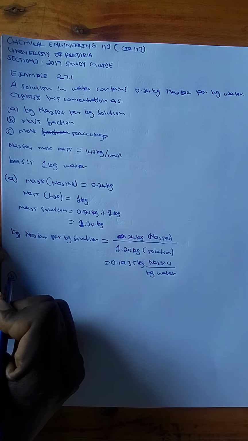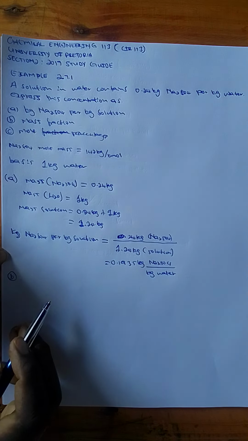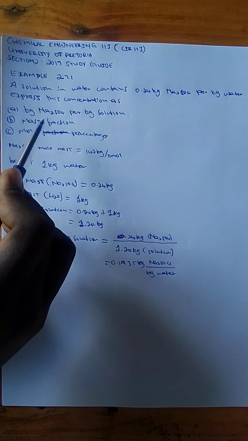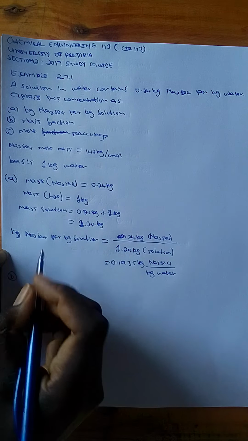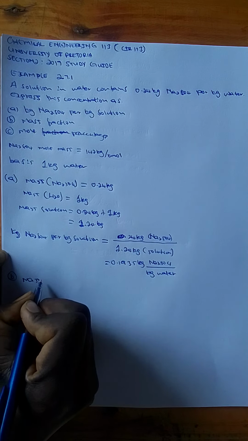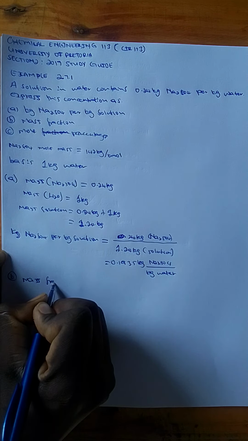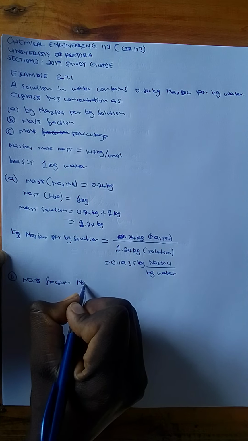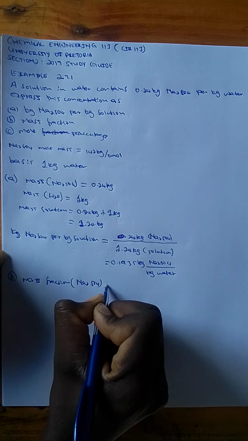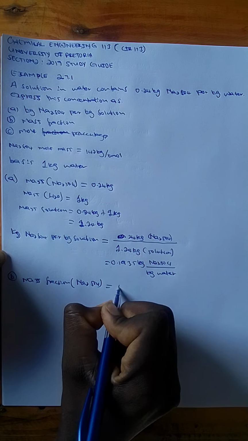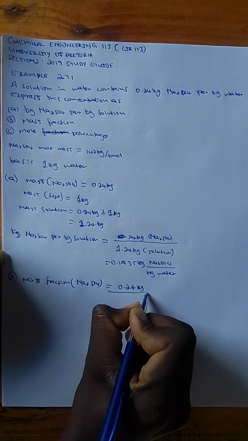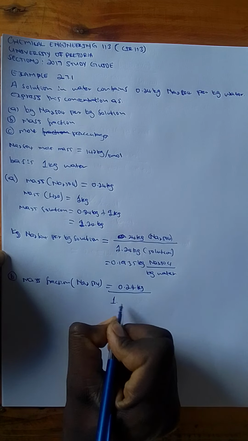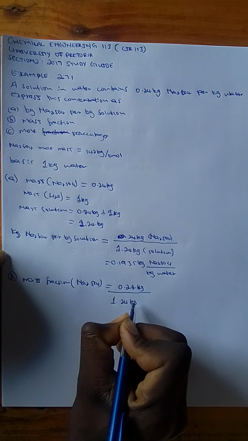Now going to B, they say we should calculate the mass fraction. Since they didn't really specify mass fraction of what, we're going to be calculating the mass fraction of both the water and the Na2SO4. So let's start with Na2SO4. Mass fraction Na2SO4, since we already have the masses, it will be 0.24 kilograms all over 1.24 kilograms.